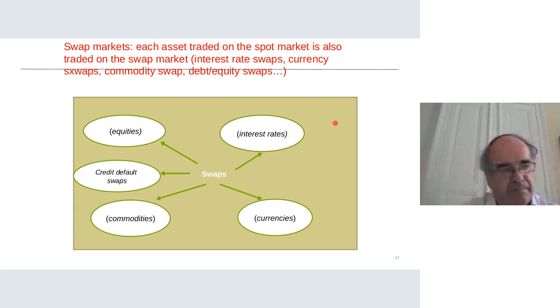4 markets: spot, forward, options, swap. 4 classes of assets: interest rates, commodities, currencies, equities. Each class of asset is traded on each market. You have options on equity, interest rates, commodity. You have swap, equity swap, commodity swap, interest rate swap.